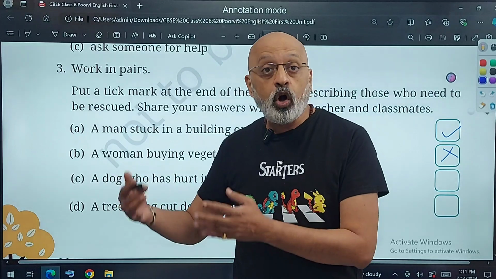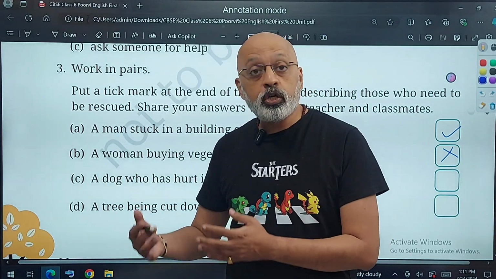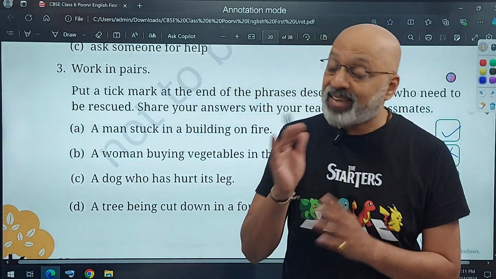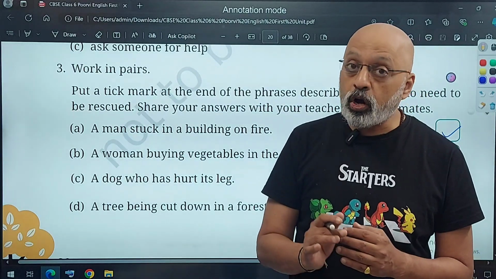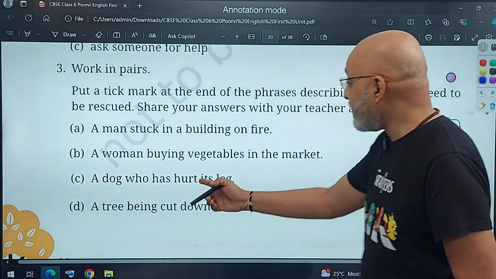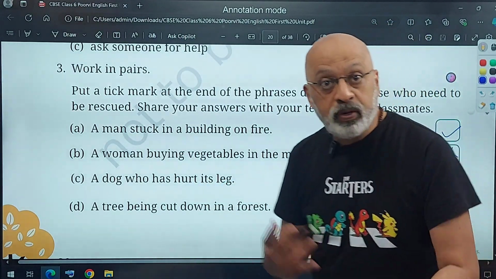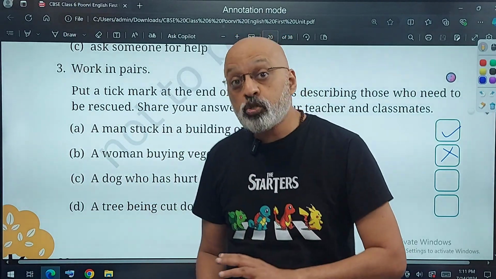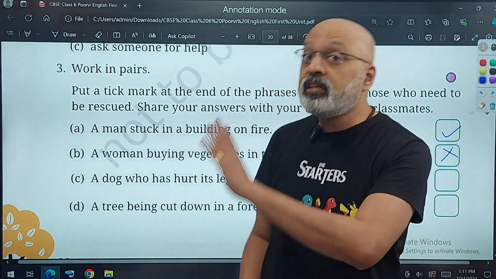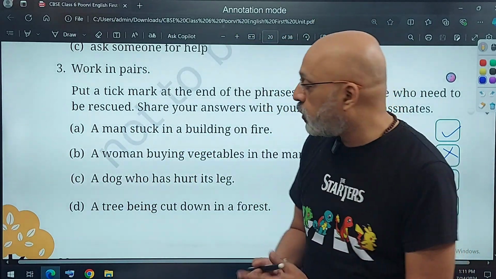You need to take the dog to a vet in order to ensure that he is treated. So in that sense, you are saving the dog's life who has hurt its leg. It could get septic and that could lead to further complications. So in a slightly different sense, you are rescuing the dog.